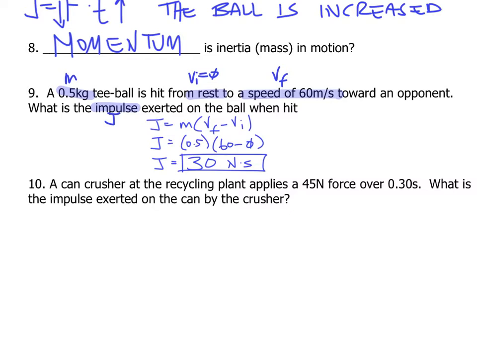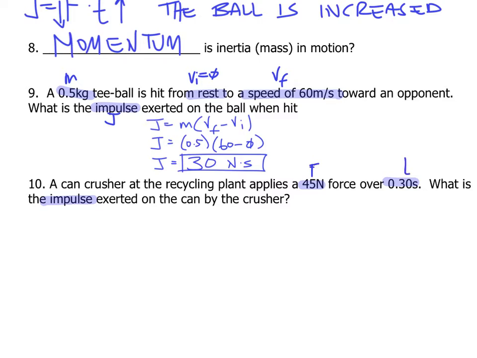Okay, looking at number 10. I've got a can crusher at a recycling plant that applies 45 newtons of force over 0.30 seconds. I want to know what the impulse is exerted on that can by the crusher. So I'm looking at a force here.